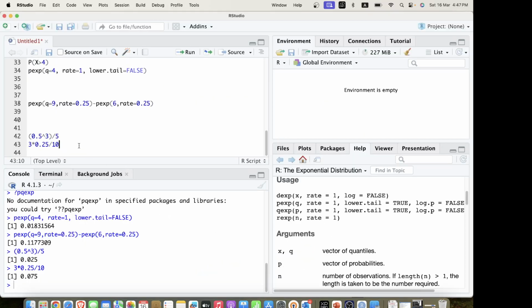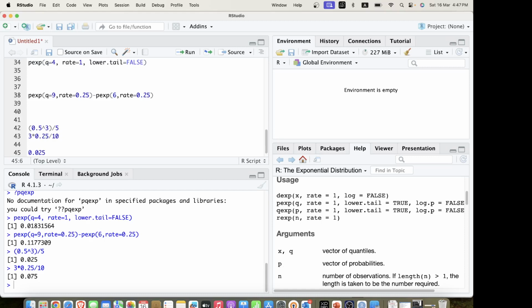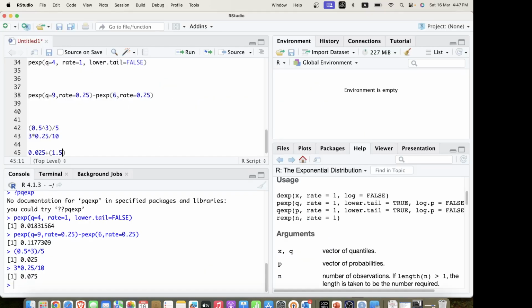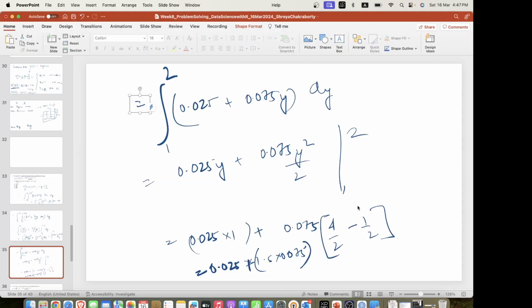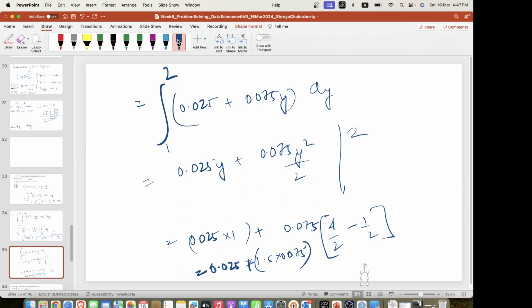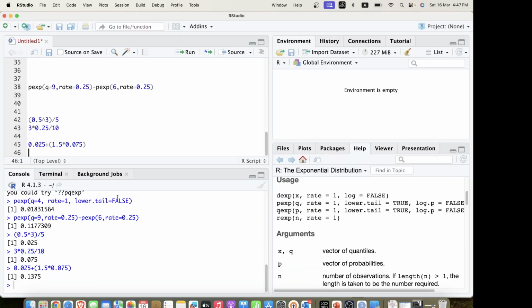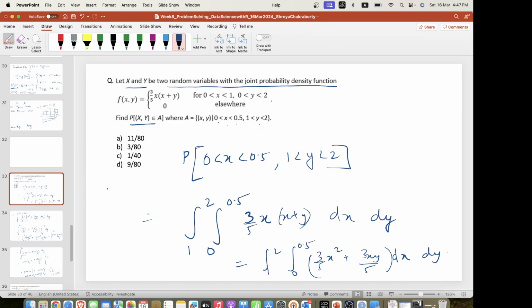So that would be 0.1375. All right, is it clear? Yes, ma'am. Okay, and that would be something in fraction that we have to see what it is.